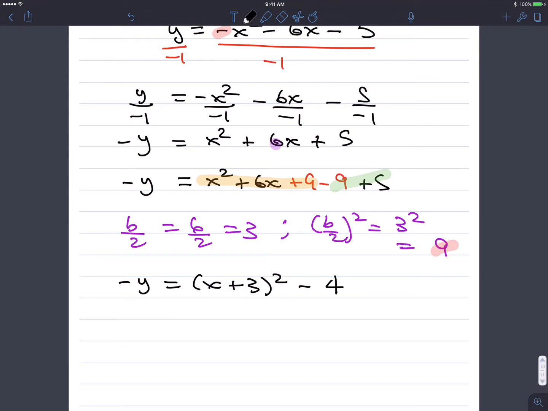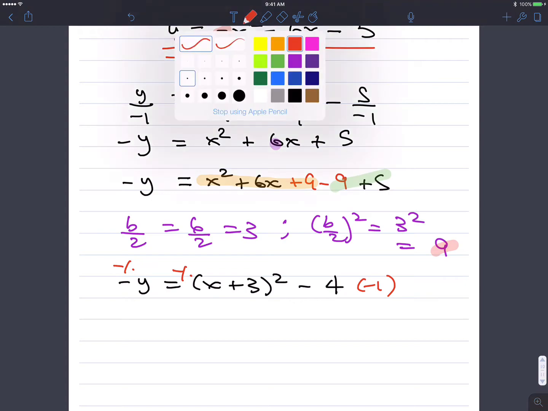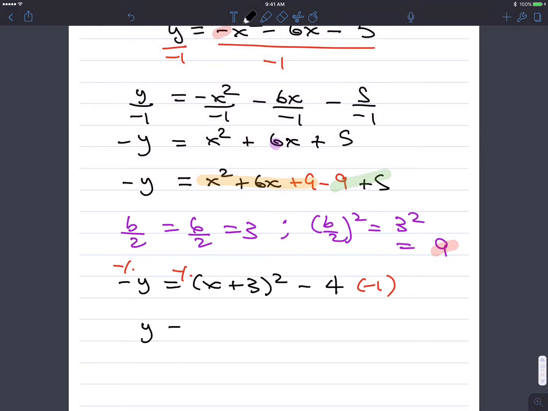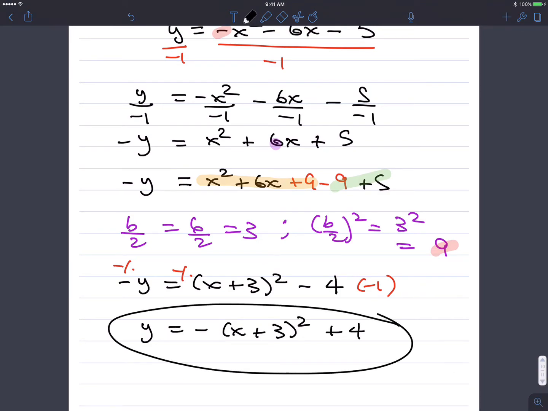Multiply both sides now by negative 1 to solve for y. y is negative x plus 3 squared plus 4. Similar to the last one. And now we have number 21.